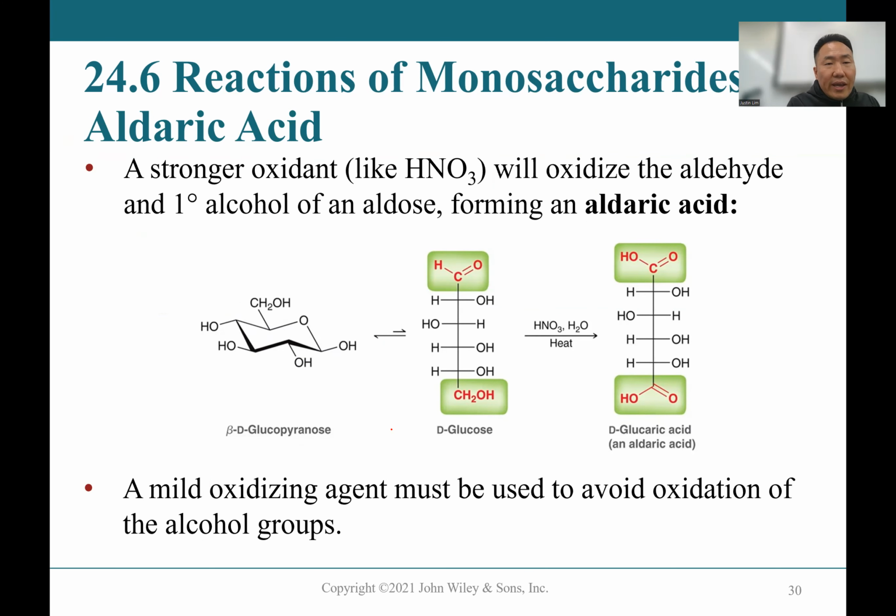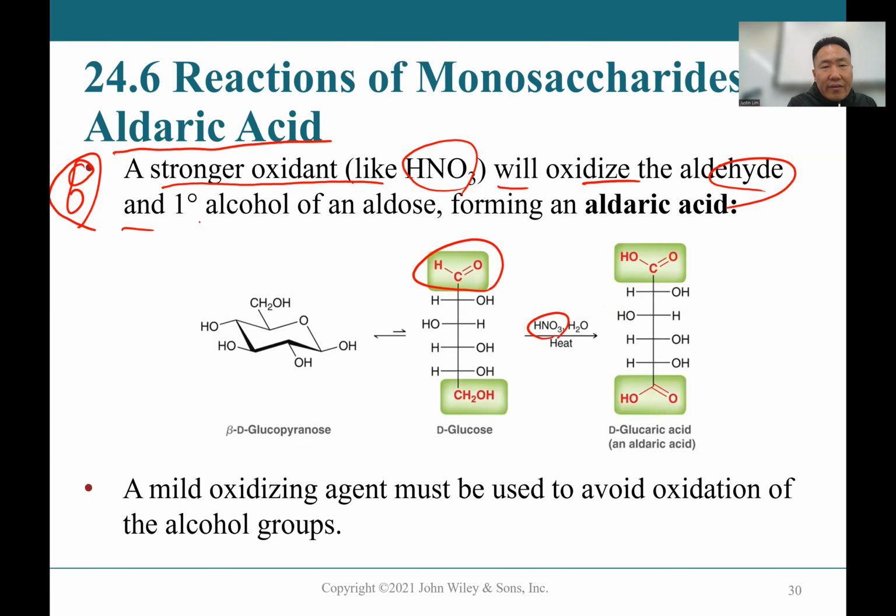Okay, reaction number 8. Let's make aldaric acid. A stronger oxidant like HNO3, nitric acid, will oxidize the aldehyde and primary alcohol of aldose. This is aldose, aldehyde, and primary alcohol. And you can see also secondary alcohols here.